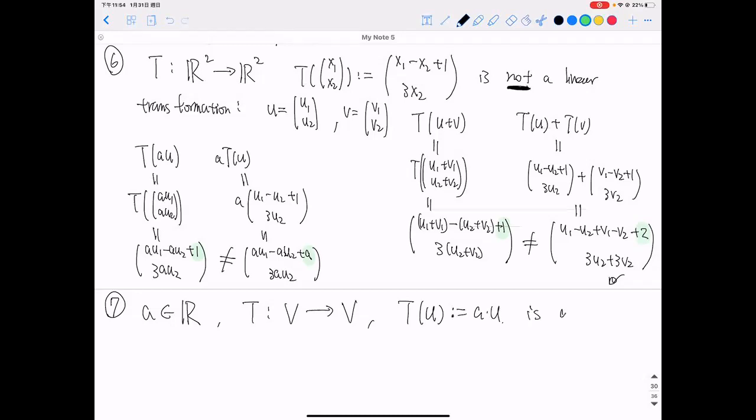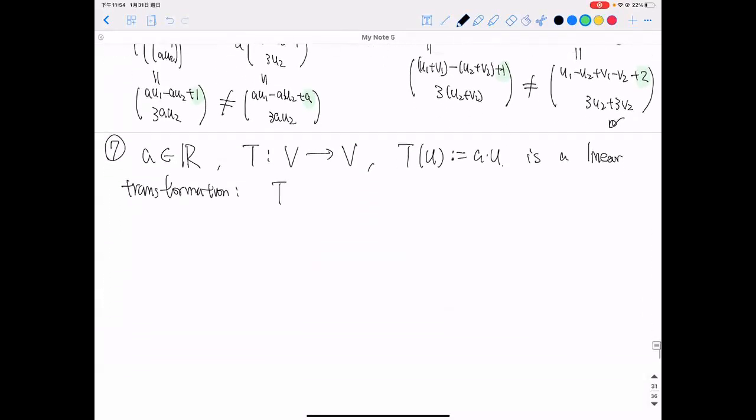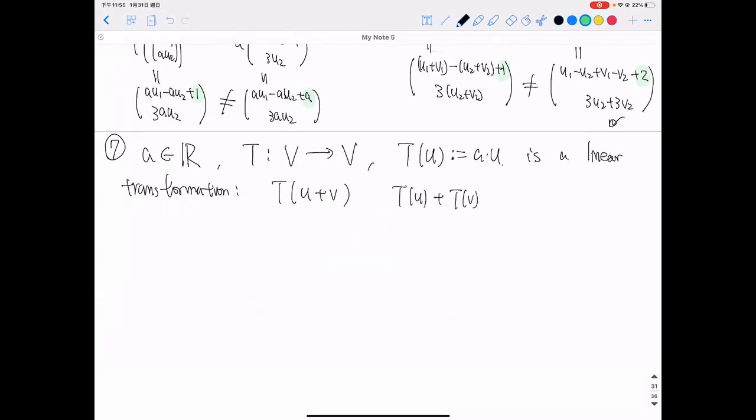So this is a linear transformation, and verification is direct. You compare T of u plus v with Tu plus Tv. The computation is fairly straightforward. T of u plus v is a times (u plus v). Tu plus Tv is au plus av. And the fact that these two are equal is one of the required properties for the vector space operations.